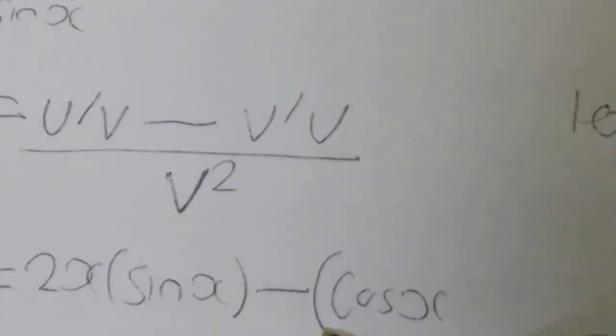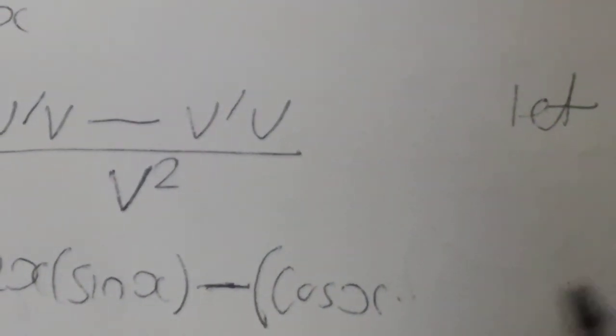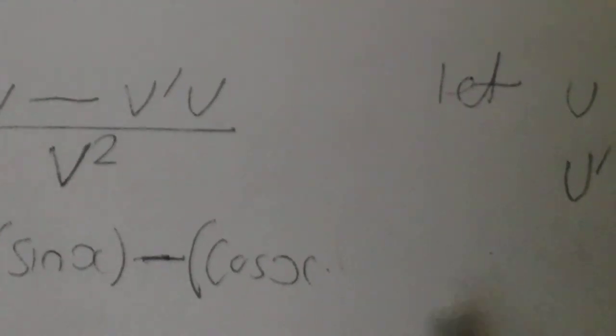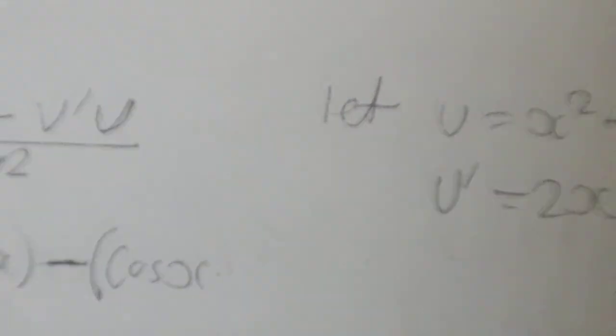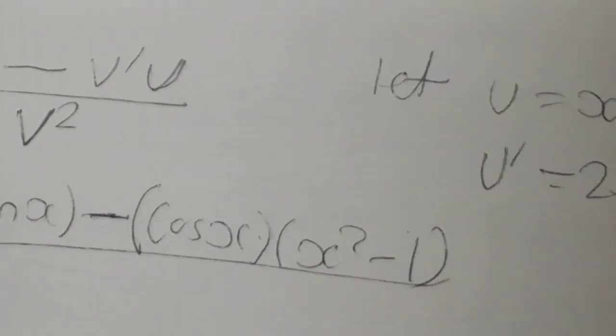You put it in brackets because the negative should be distributed. Cos x multiplied by u, which is x squared minus 1, over v squared. What's our v? Our v is sine x. So it will be sine x squared.